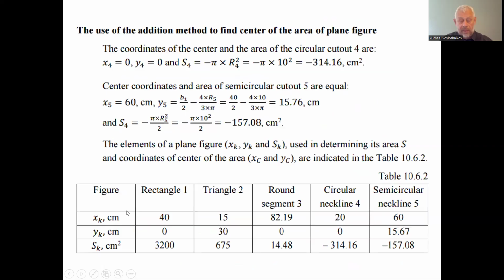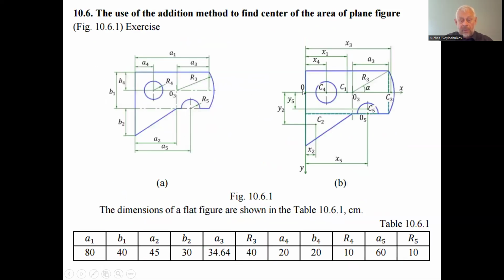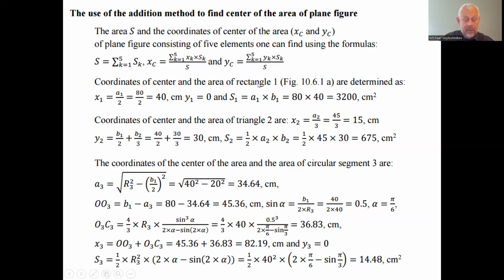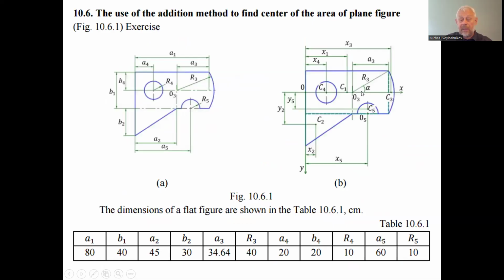What is the OO3 size? OO3 is the length of this rectangle B1 minus A3. This will be the leg of this R3 right angle triangle.